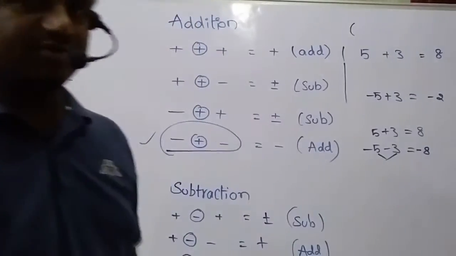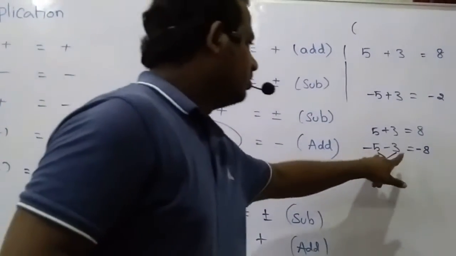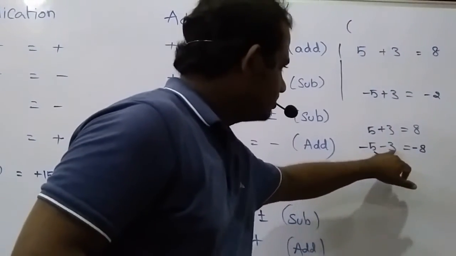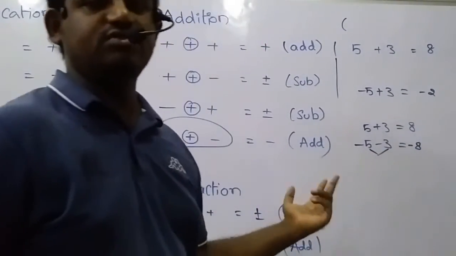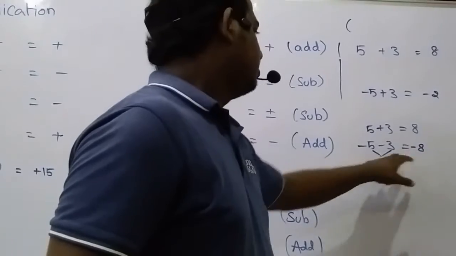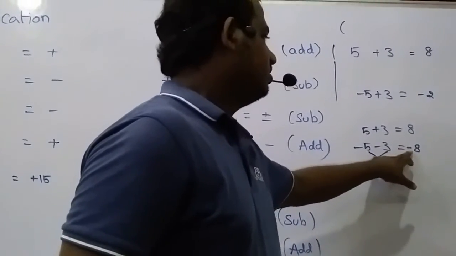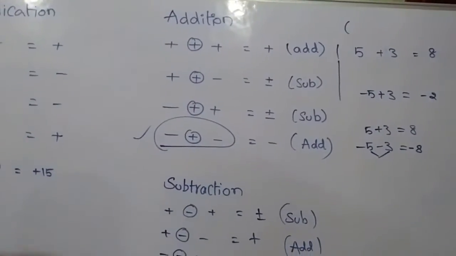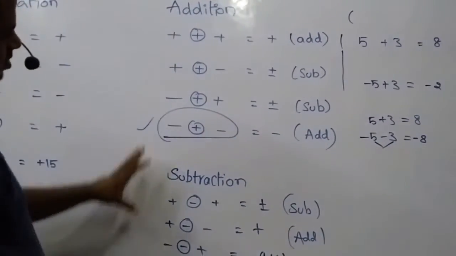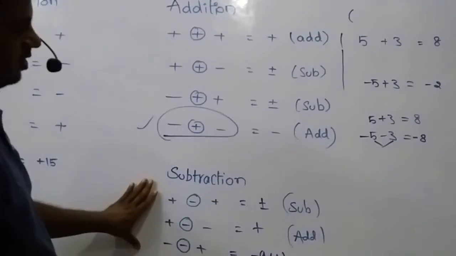Okay, don't get confused. If two numbers are both negative, we perform the addition on 5 and 3. If we add 5 and 3, we will get 8. Before that 8, since the two numbers are negative, directly take the negative sign before the addition result. If you know these addition steps, it is the same for subtraction also.